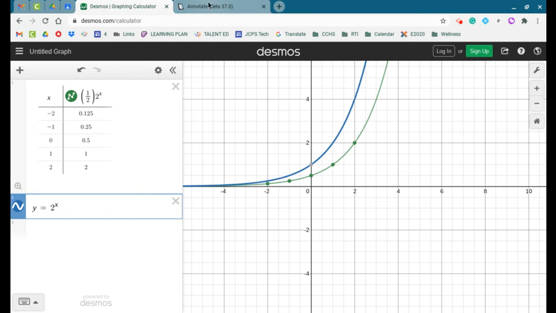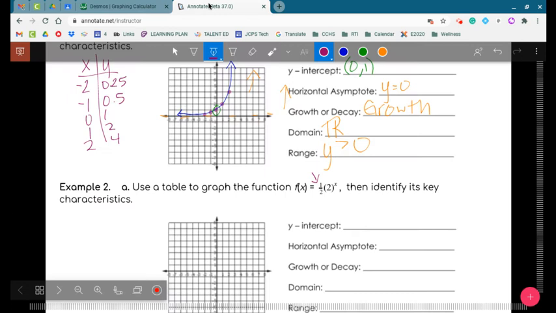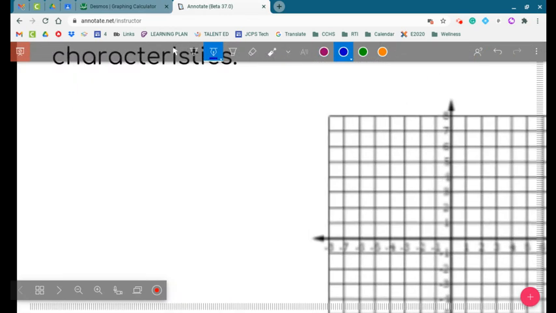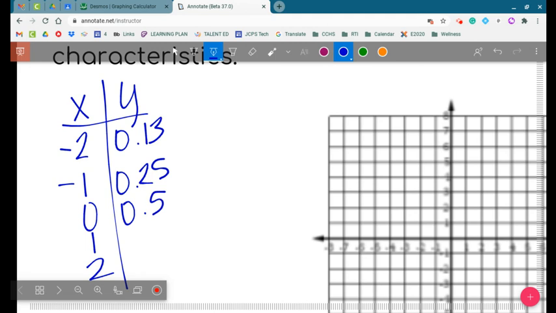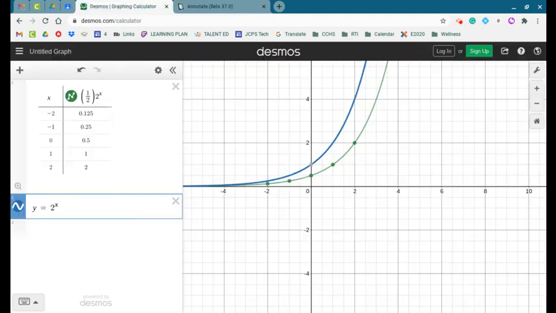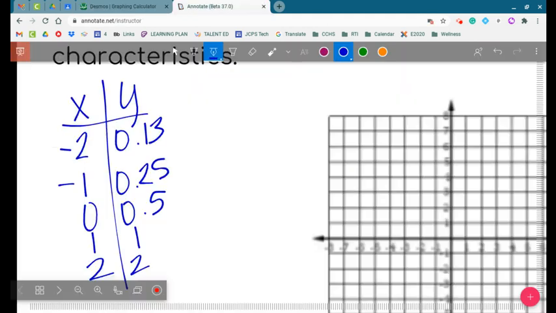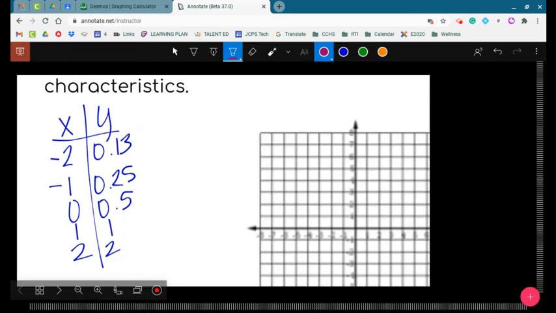So these are our new points. We're going to write our table. So x, y: -2, -1, 0, 1, 2. We got 0.13, 0.25, 0.5, 1, and 2. Okay, now let's graph these.